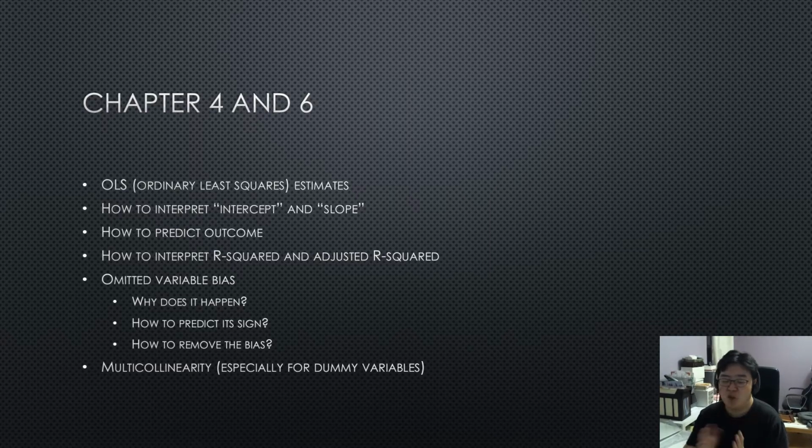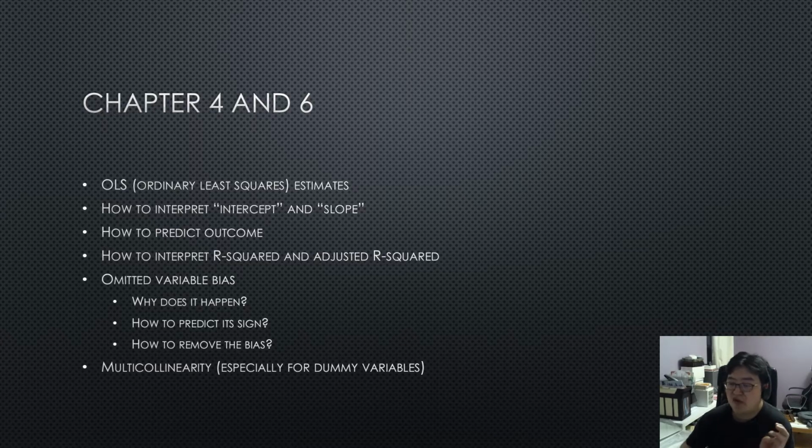When you have more than one regressor, having an additional regressor always increases the explanation power, regardless of the explanation power of the additional variable. So adjusted R squared adjusts for the number of regressors.